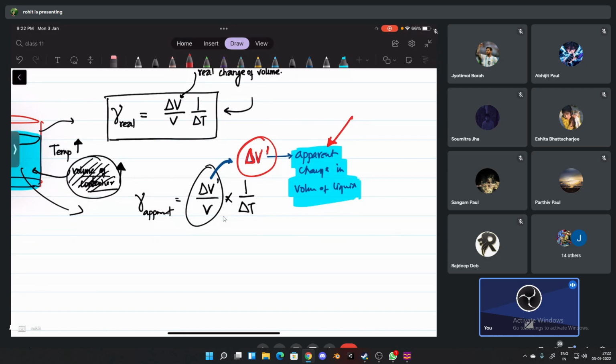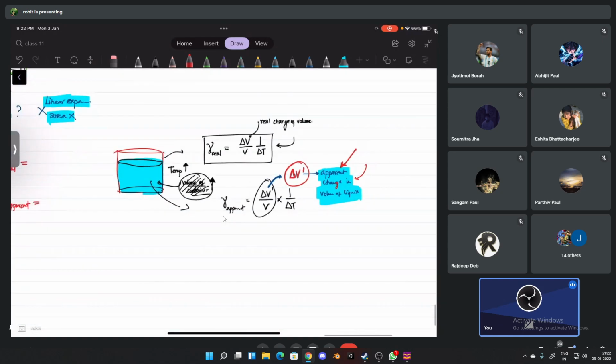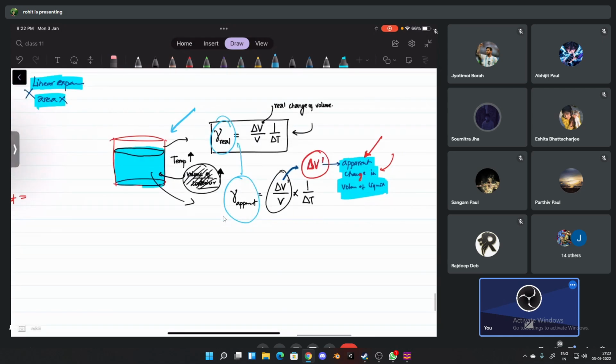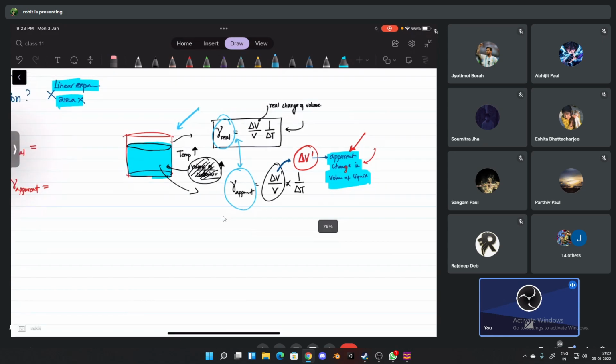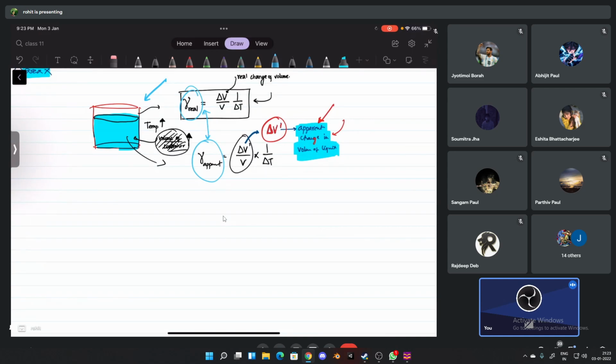We have not taken that into account. So for liquids, we have how many coefficients, one or two? Two coefficients. One is called the coefficient of real expansion, and one is called the coefficient of apparent expansion. I think you got this idea, right?